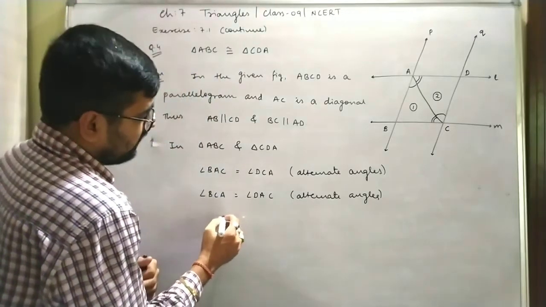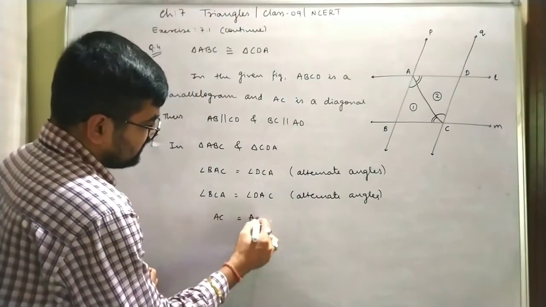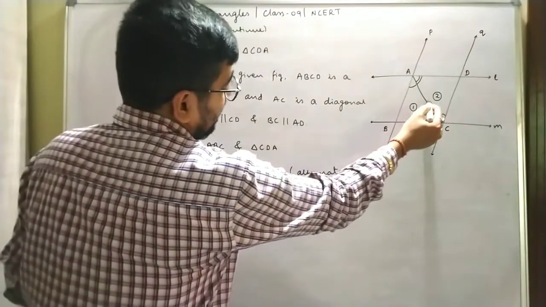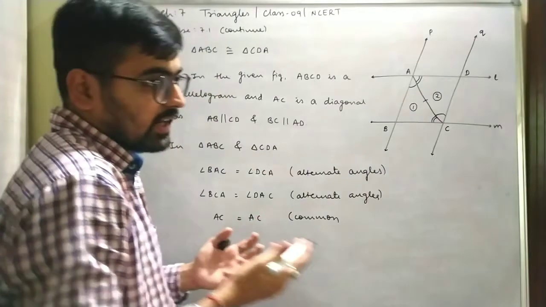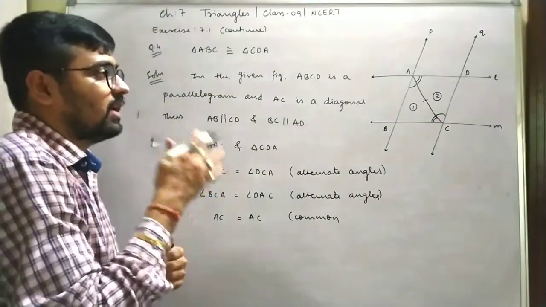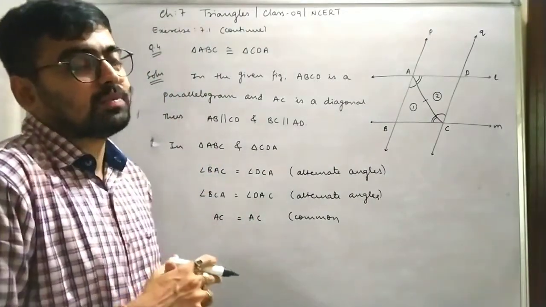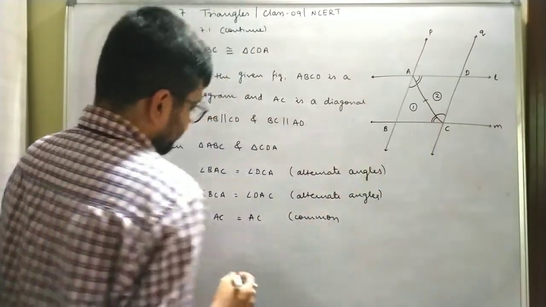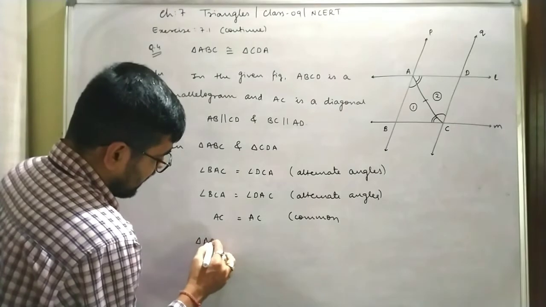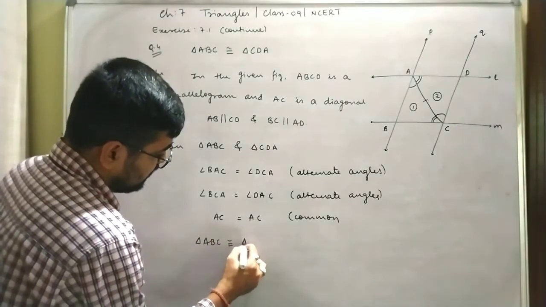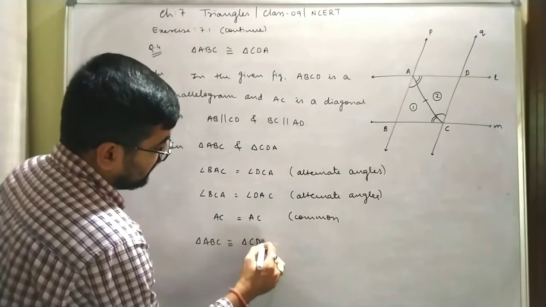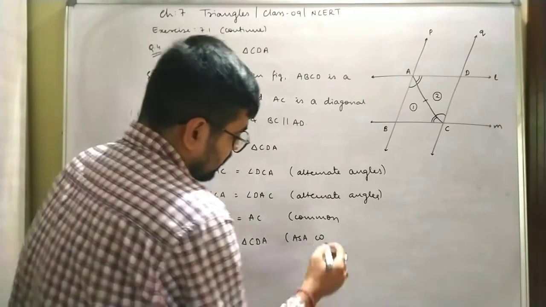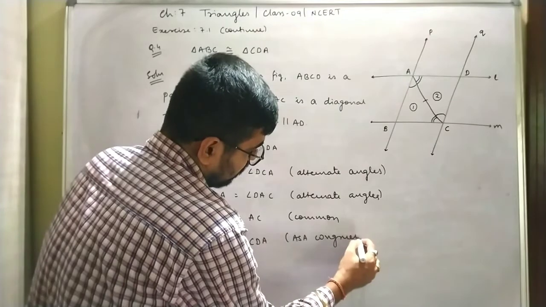Simple. Then what we can say is AC is common, that is, this side. So what criteria have we applied so that our required triangles become congruent? This becomes angle side angle. So I can easily say that triangle ABC is congruent to triangle CDA by the ASA congruence rule.